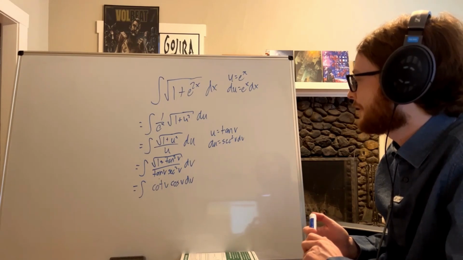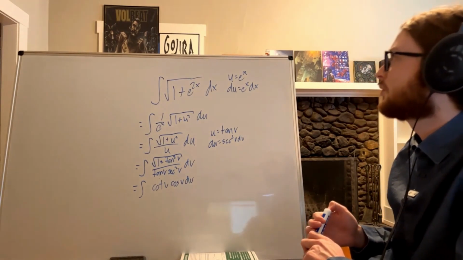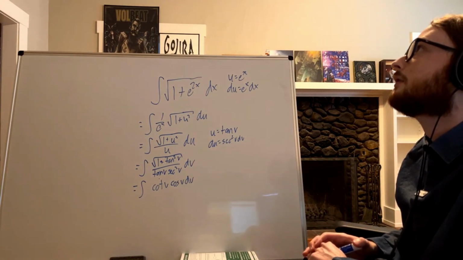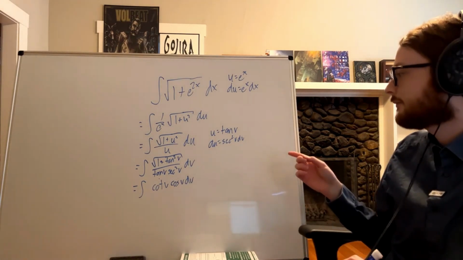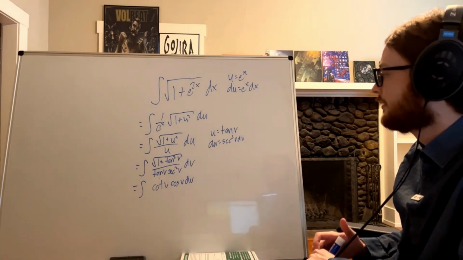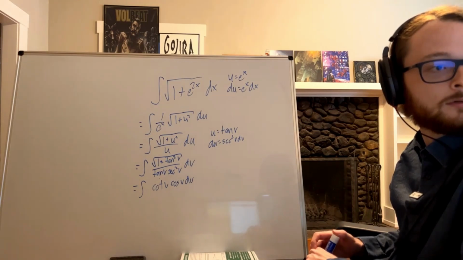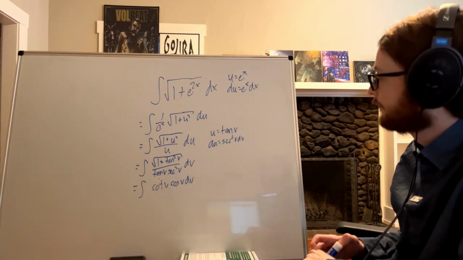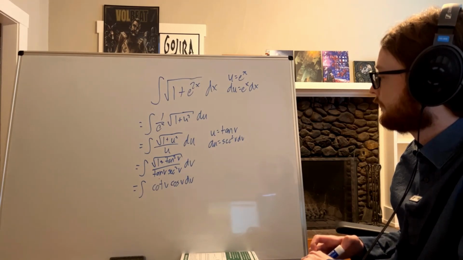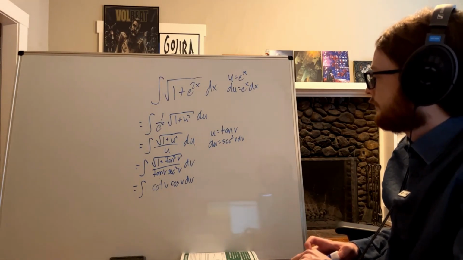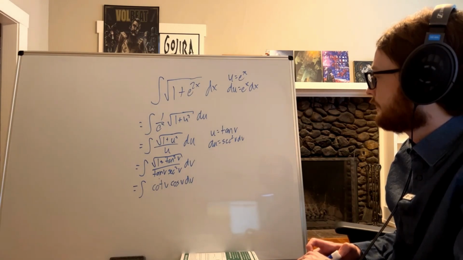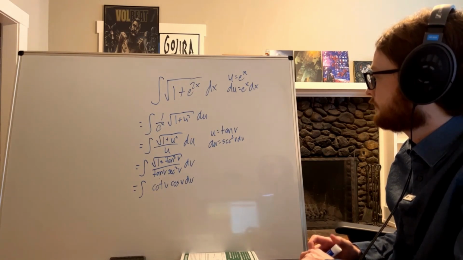So we have basically cosine squared over sine. We can do u equals, no. Is that, that wouldn't be an identity, would it? I don't think so. Hmm. Shouldn't be that bad.